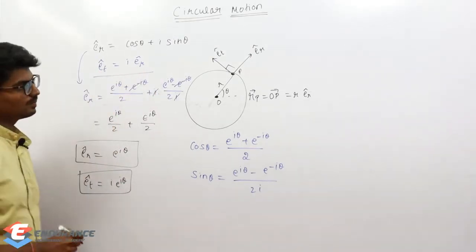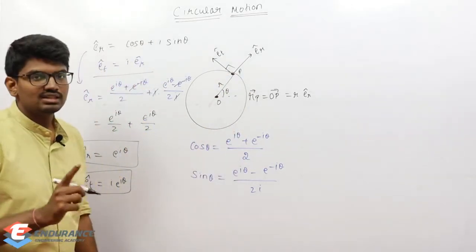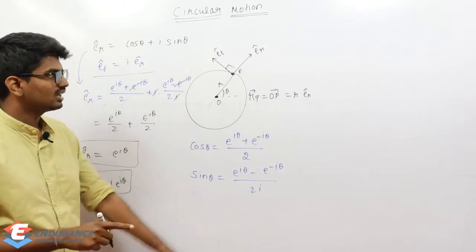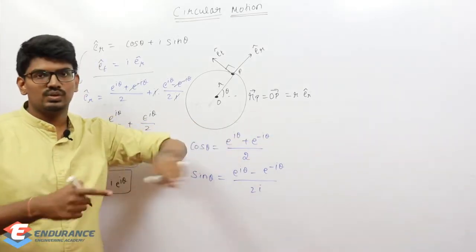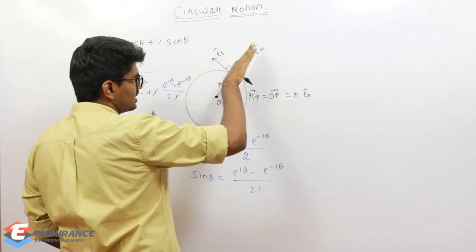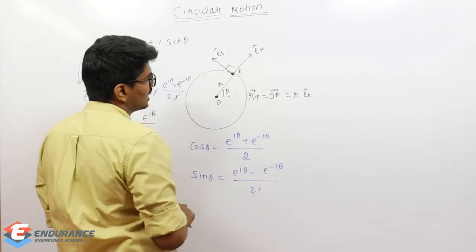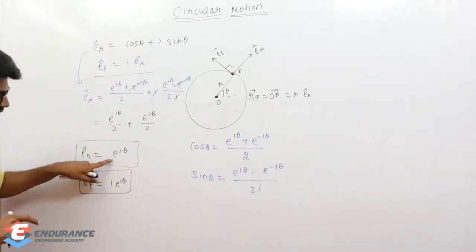Now we know that the position vector P with respect to polar coordinates is R into ER cap, as we already discussed. Just now we got it, right? That is in the ER direction, the radial direction, present at a distance R. Now we know ER cap is nothing but e to the power of i theta.